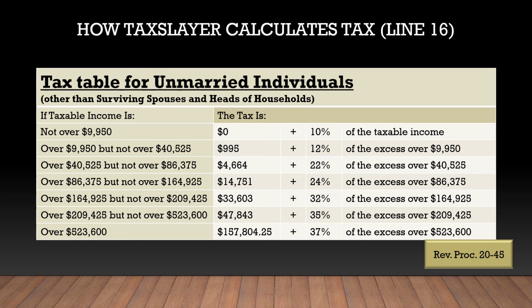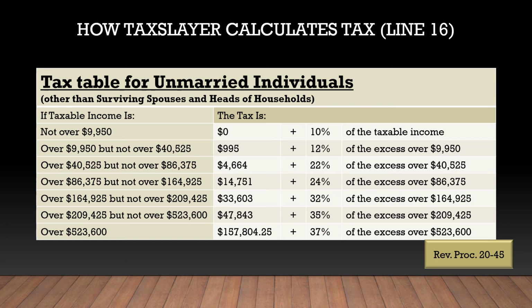So what you might also notice is that for our taxpayer who has a taxable income over $9,950 but not over $40,525, the base amount is $995, which is 10% of $9,950. And if you look back at the previous tax bracket rate, that was 10%.